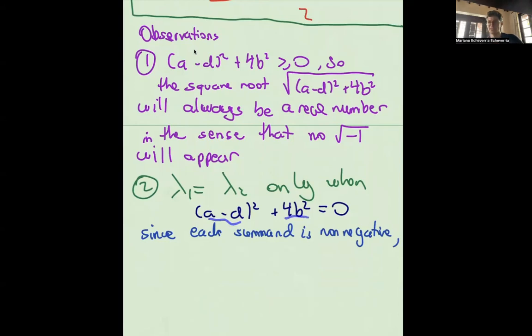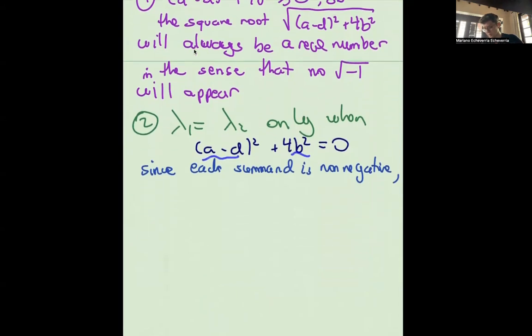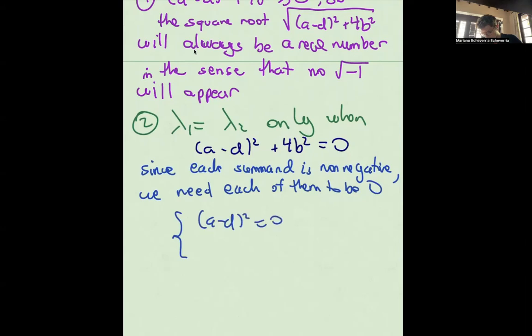That forces each summand to be 0 as well. So we need each of them to be 0. You need a minus d squared to be 0, and you need 4b squared to be 0, which forces a equals d and b equals 0.